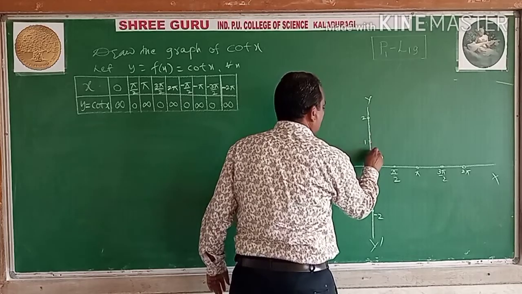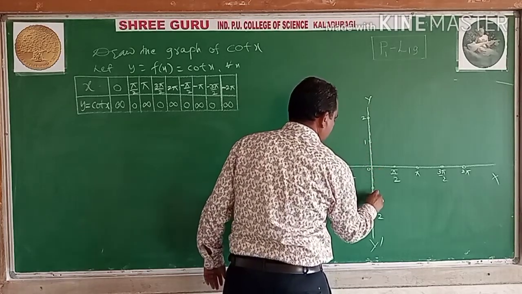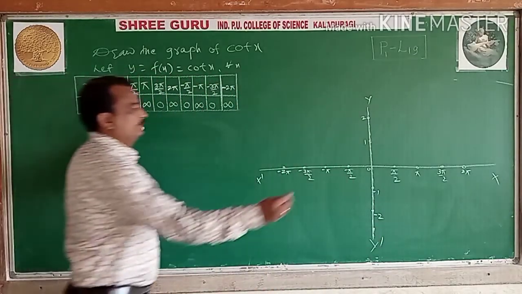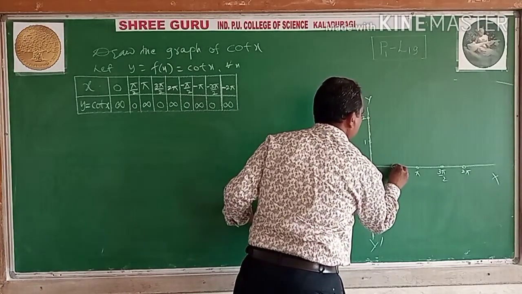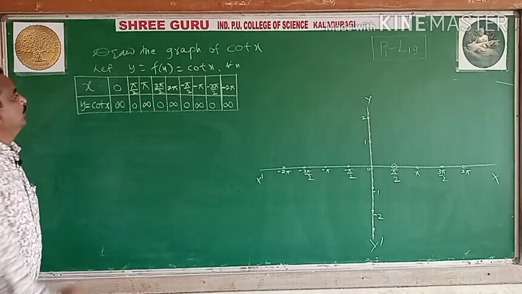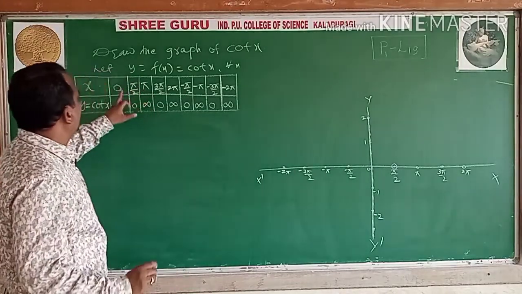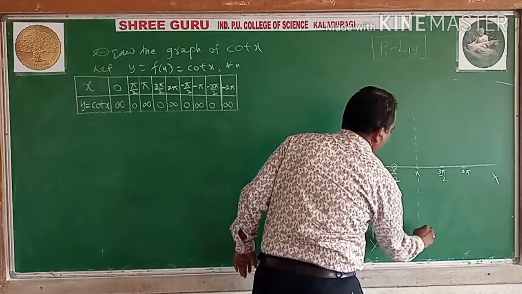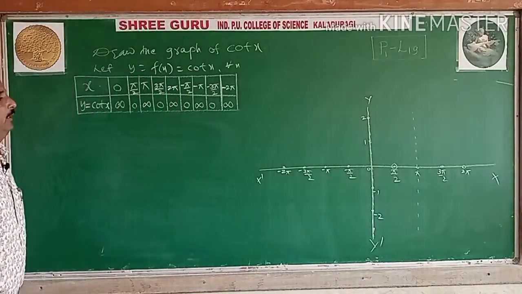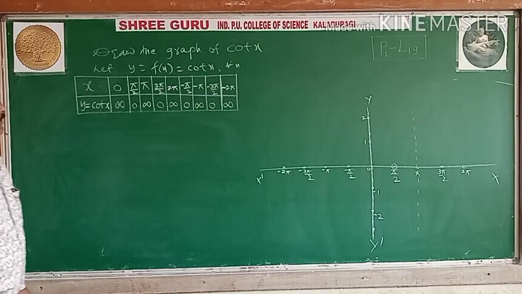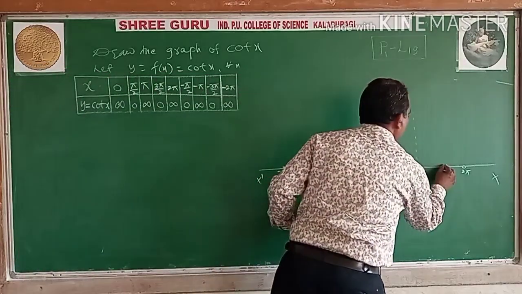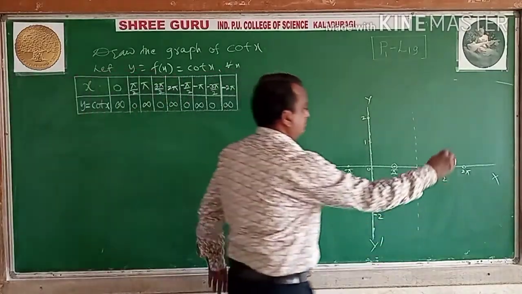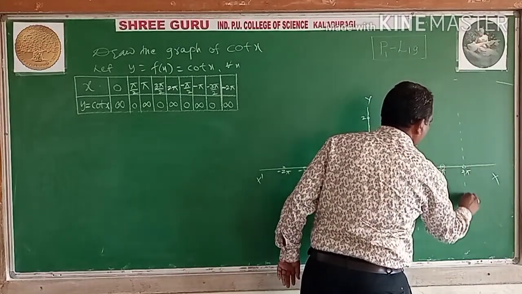At 3 pi by 2 it is 0. At 2 pi it is again infinity, so again there are infinity lines.